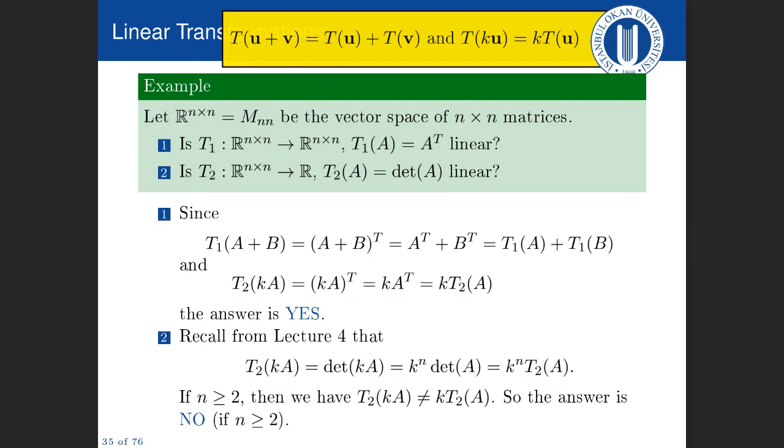Well, in lecture 4, we've seen that the determinant of kA is equal to k to the power n multiplied by the determinant of A. So T2 of kA is k to the power n times T2 of A. As long as n is 2 or bigger, we do not have that T2 of kA is k times T2 of A. So the answer is no. As long as n is greater than or equal to 2, the determinant of A is not a linear transformation.